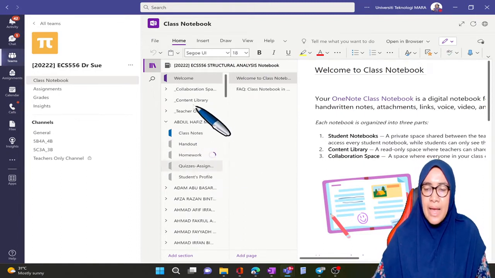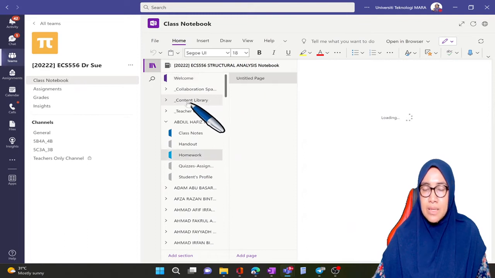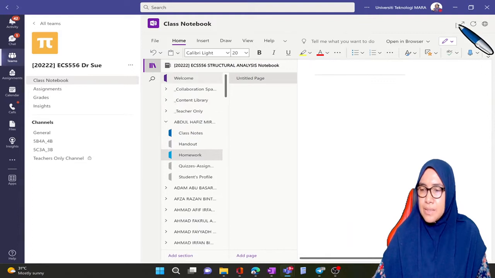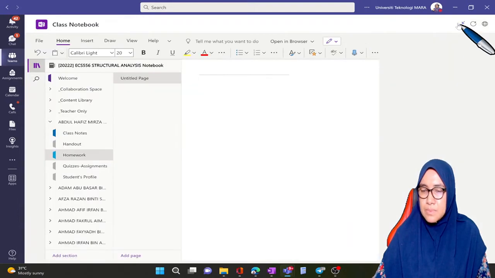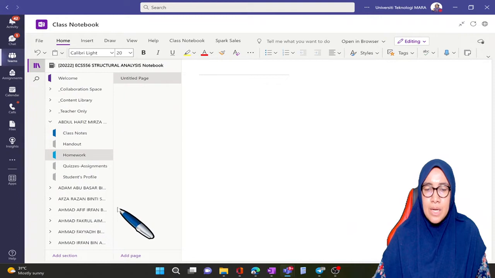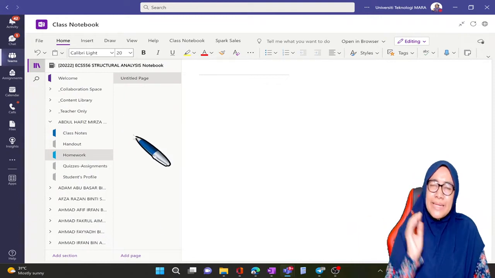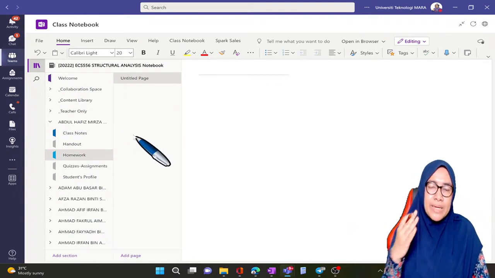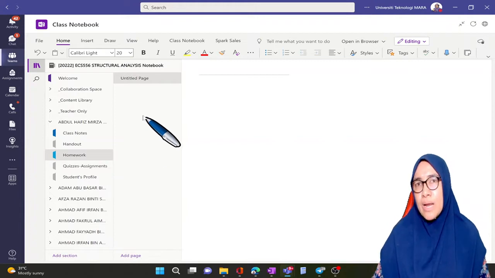I discussed the stiffness method just now under content library, under class note, under topic 3. Not necessarily in Teams, you can open this directly using your own OneNote.